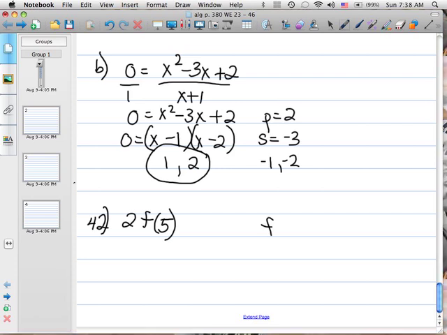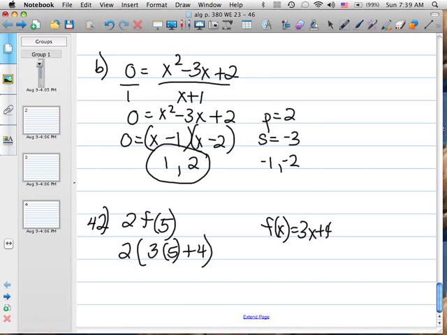Remember that f is 3x plus 4. So we're going to take 2 times that function with 5 substituted for x. So it'd be 3 times 5 plus 4. 3 times 5 is 15 plus 4 is 19, so we have 2 times 19, which is 38.